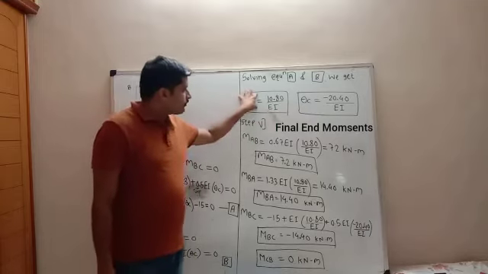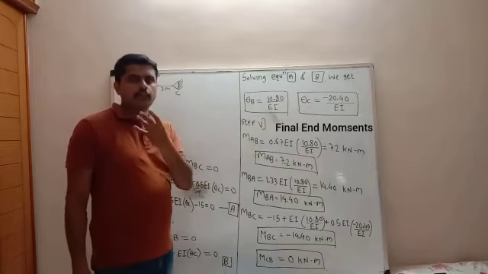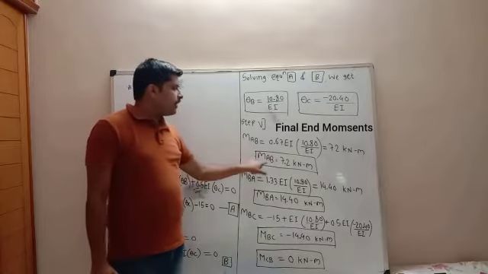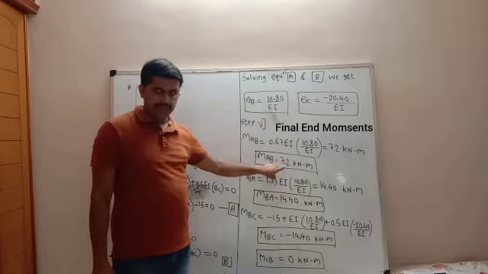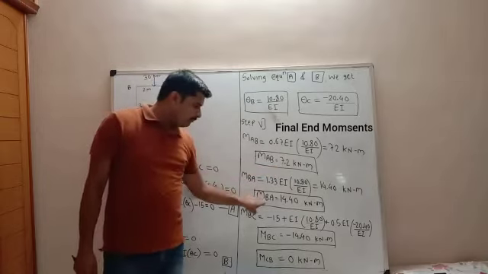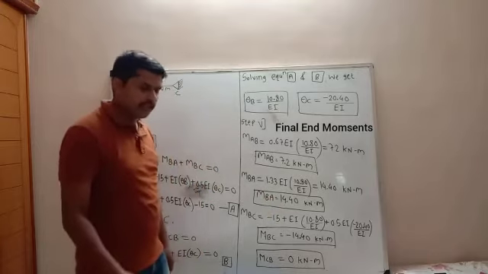Now after getting these values, we will solve our step number 5, that is final end moments. So put the values of theta B and theta C in equation number 1, 2, 3, 4. After putting values, we will get MAB as 7.2 kilonewton meter. From equation 2, we will get MBA as 14.40 kilonewton meter.